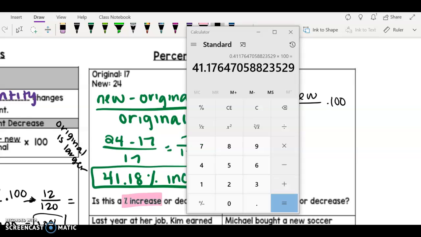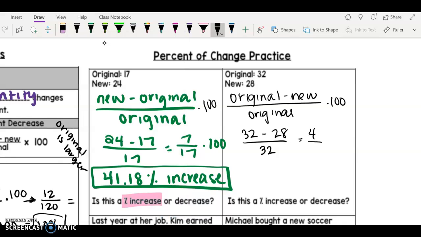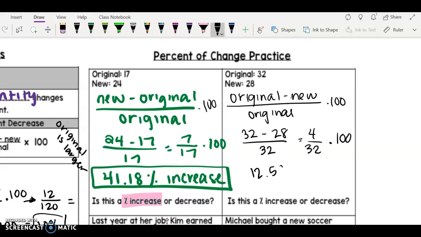So 32 minus 28 divided by 32. So this was 4 over 32, and I divided by 32, and then I need to multiply by 100. So times 100, and I get 12.5%. And this is a decrease because my original was bigger than my new.